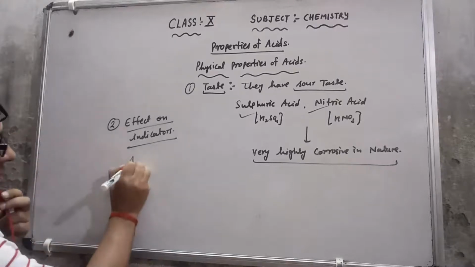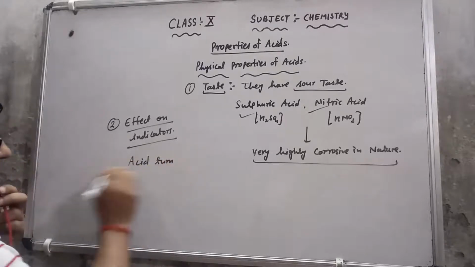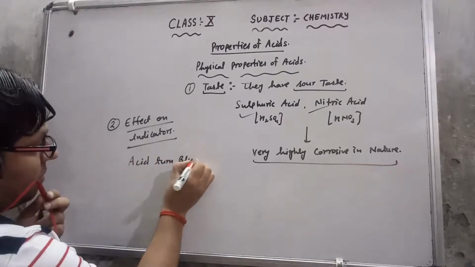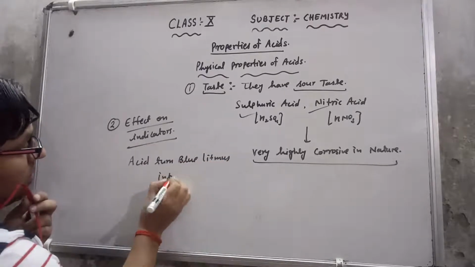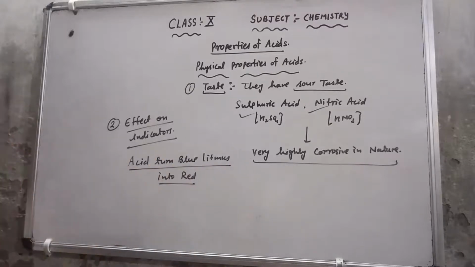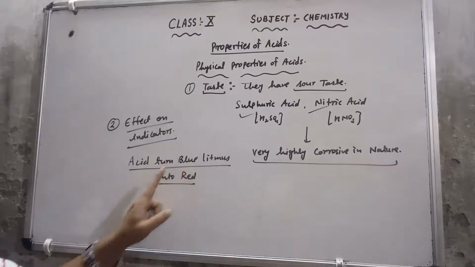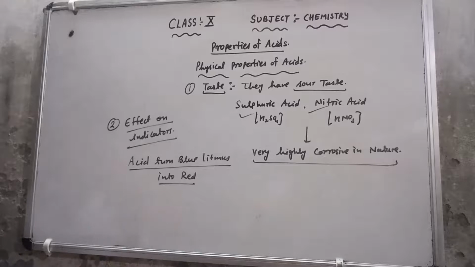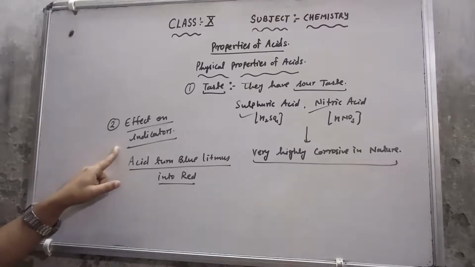As we know, acid turns blue litmus into red. It means that if I put a drop of acid on blue litmus solution or blue litmus paper, it turns red in color. That is the effect of acid on indicators.